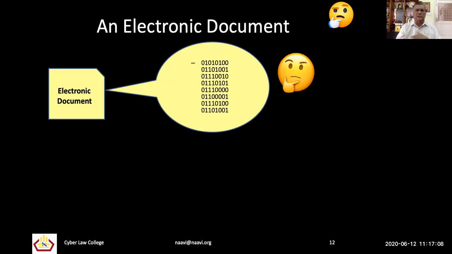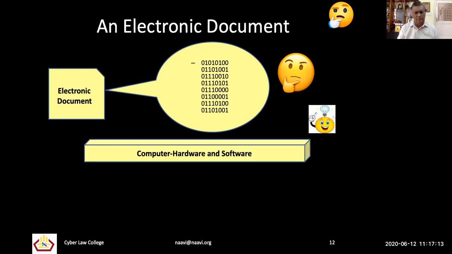Therefore, he needs some way by which he can understand these binary expressions. Of course, the computer hardware and software will help him. And when this binary expression is looked through a computer, then we have a means of reading it like a text, or hearing it like an audio, or even seeing it like a video.